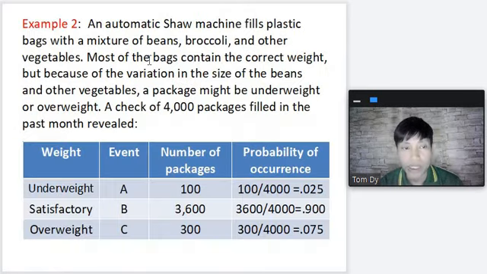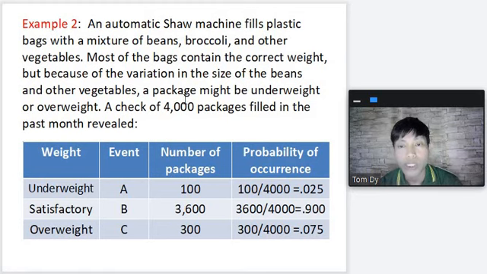So we have here our example about mutually exclusive events or rules of addition. An automatic machine fills plastic bags with a mixture of beans, broccoli, and other vegetables. Most of the bags contain the correct weight, but because of the variation in the size of the beans and other vegetables, a package might be underweight or overweight.